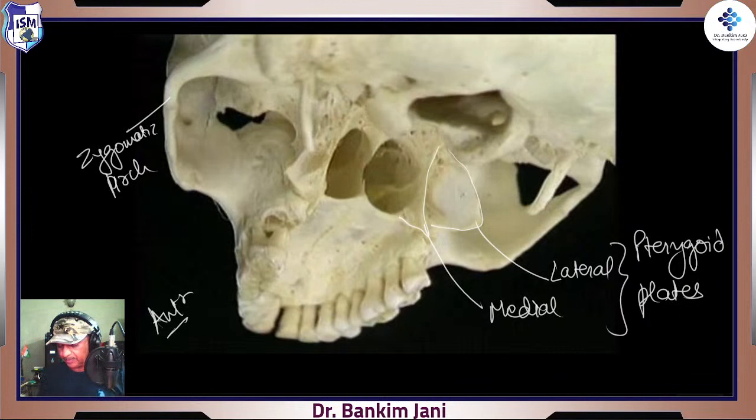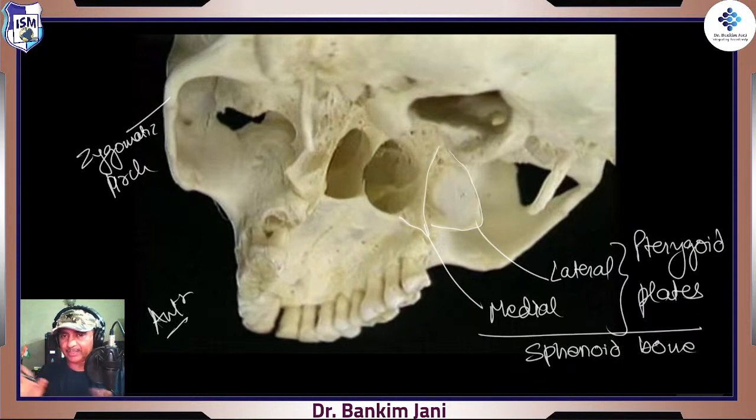And these pterygoid plates, they are part of what? They are part of the sphenoid bone, which has got the greater wing and lesser wing, and they can be seen very clearly when we are looking inside the skull. We'll watch that. And what about these medial and lateral pterygoid plates? They are hanging down.